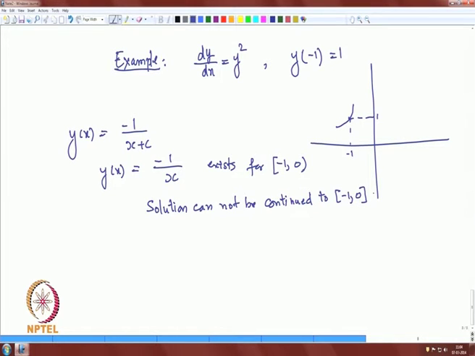The previous theorem says if the function is Lipschitz continuous on the unbounded domain, globally Lipschitz continuous, but here f of x y, which is y square, is not globally Lipschitz continuous.